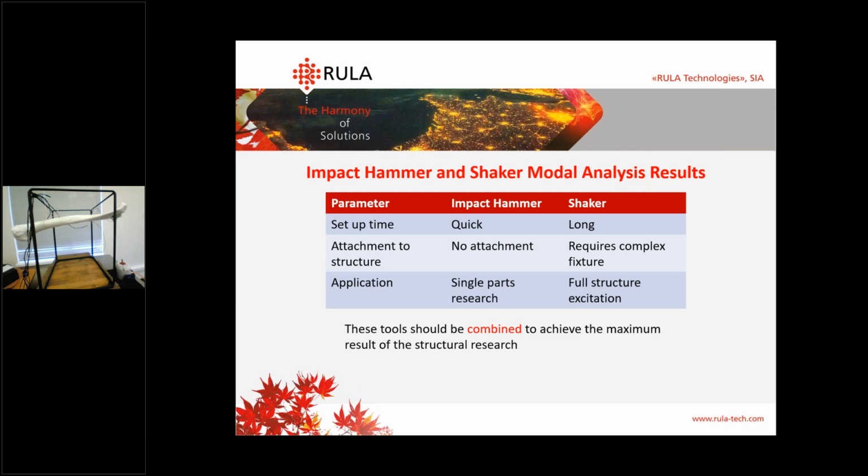You don't have any complex attachment to your structure, and in that case you can perform single parts research. But using shaker you need to find the best places for modal shakers. You need to create complex fixture, but in that case you will get the information about full structure excitation.